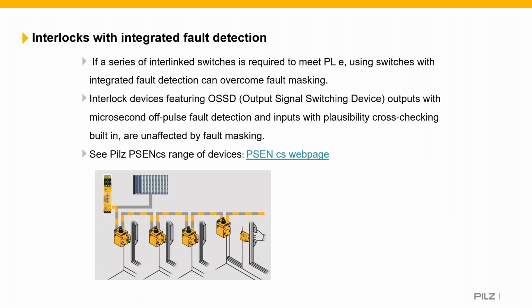If a series of interlock switches is required to meet PLe, using switches with integrated fault detection can overcome fault masking. So interlocking devices featuring OSSD outputs with a microsecond off-pulse fault detection and inputs with plausibility cross-checking built in are unaffected by fault masking.